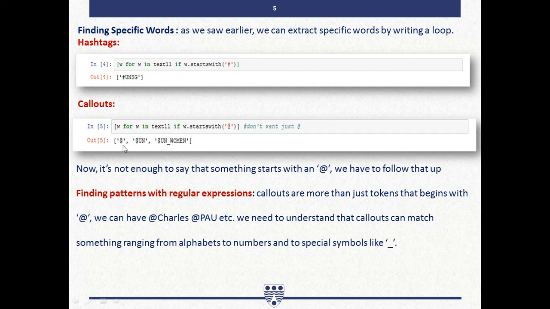It is not enough to say that something starts with an at without following it up, okay. For instance, in Twitter you can have at Charles, at PAU, at Paul, but you can't have at on its own. So this is where a regular expression pattern is important.